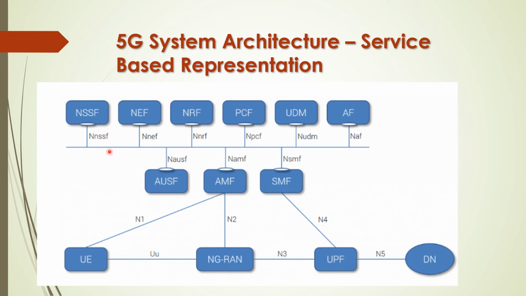All the network functions are connected to each other using the common bus. One more thing I would like to add is that this service-based representation is only applicable to the control plane part.